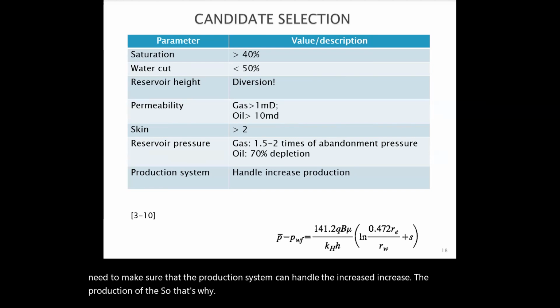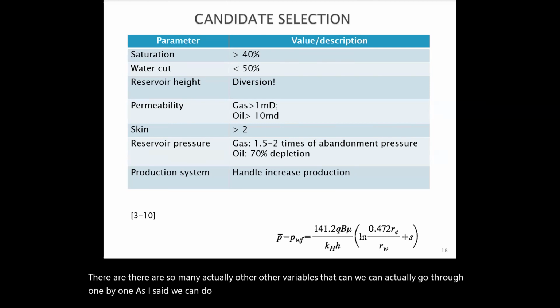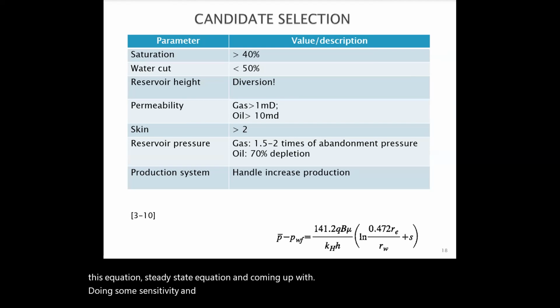There are so many other variables that we can go through one by one. As I said, we can do conventional analysis, such as using the steady state equation, and doing some sensitivity and nodal analysis in order to make sure that everything is in order and works well.